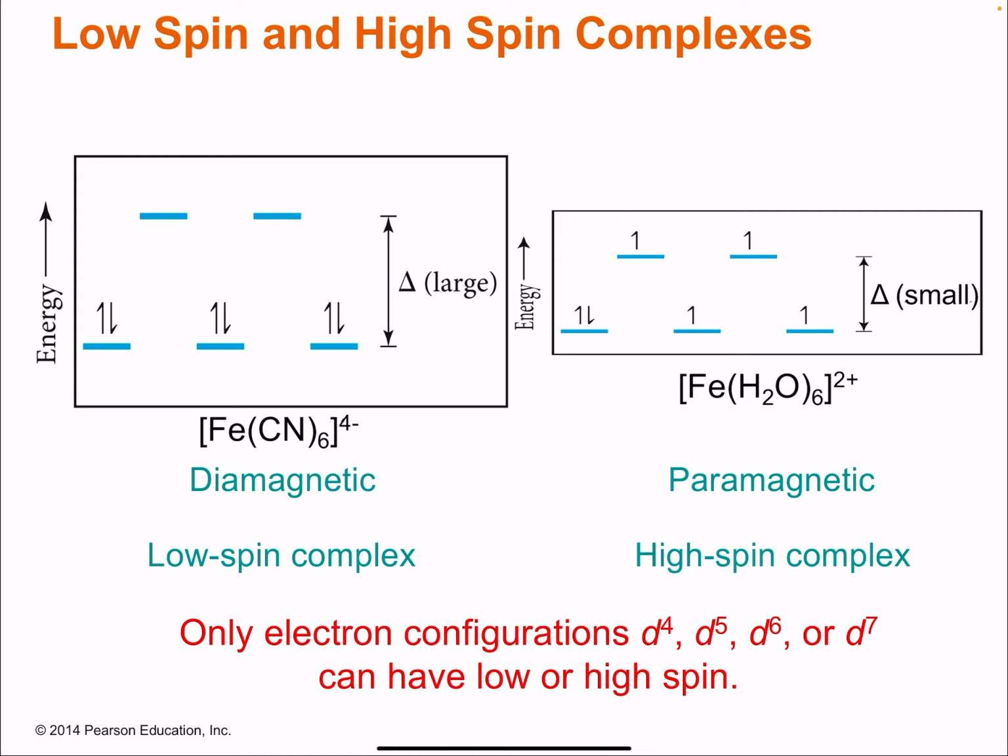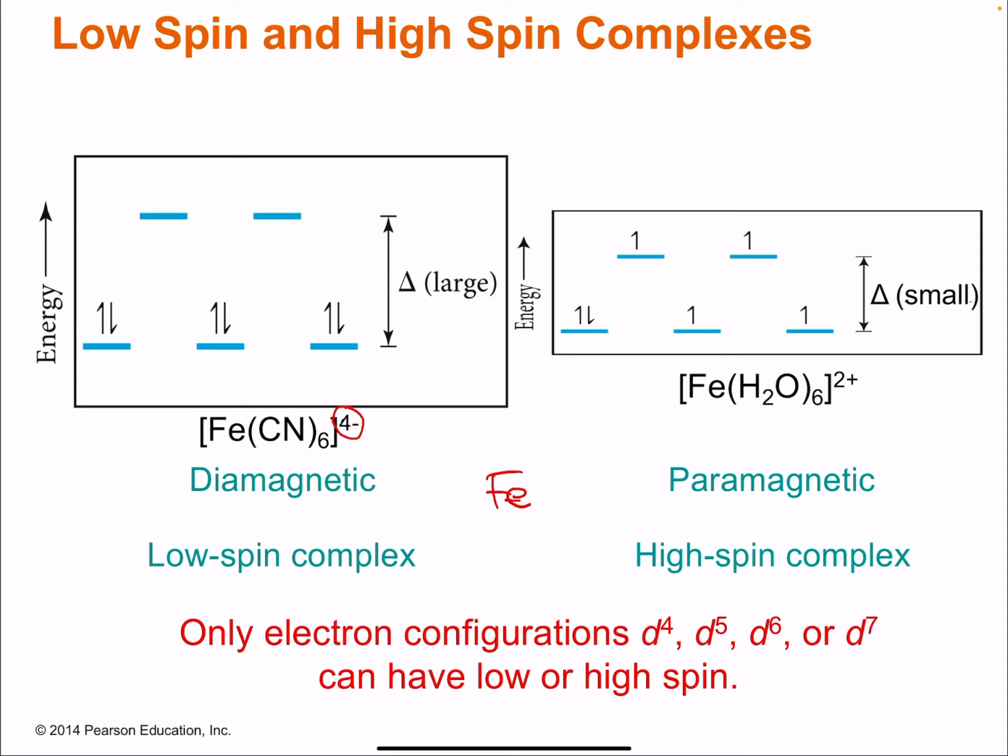For example, if you have a cyanide ligand, which creates large splitting, then we put 6 electrons on iron, Fe, and we need to determine the oxidation state. The overall charge is 4 minus.